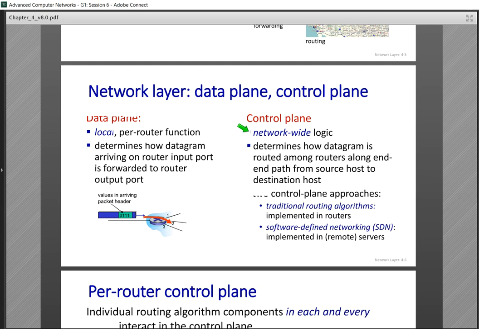So it means that control plane is about routing. We should define a route for the arriving packets. It's something about control actions in routers.